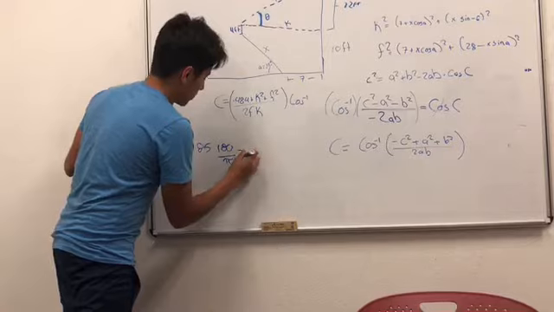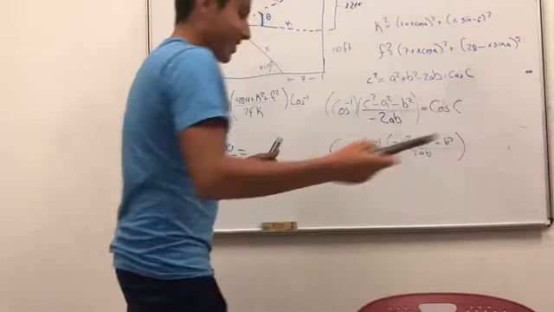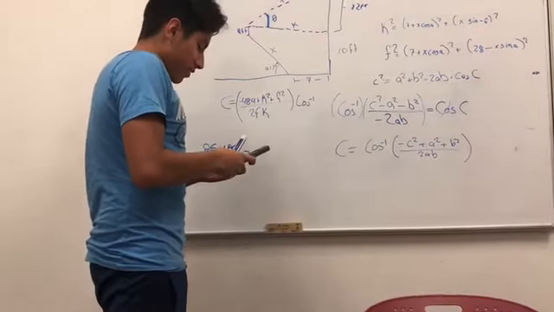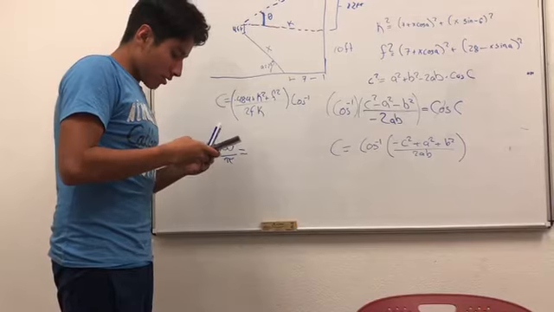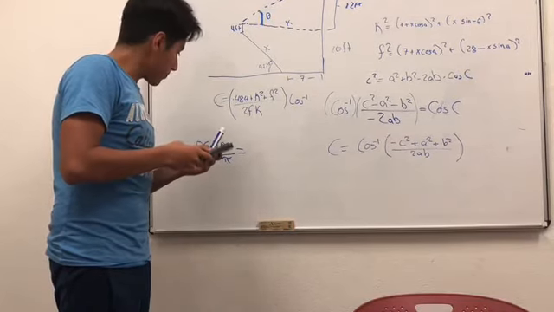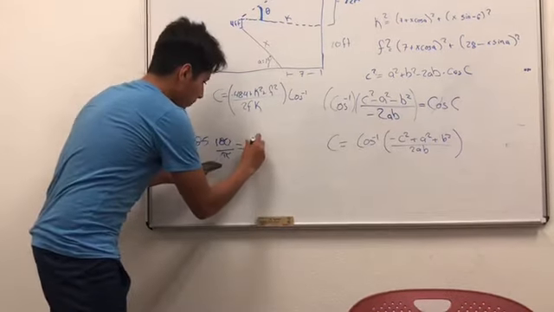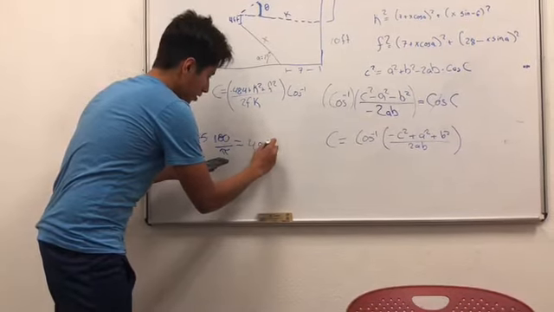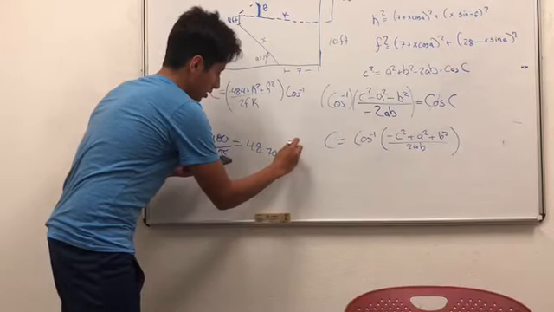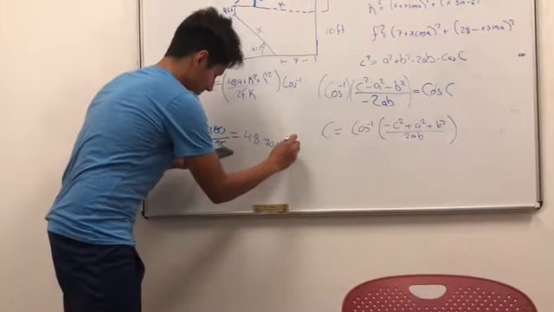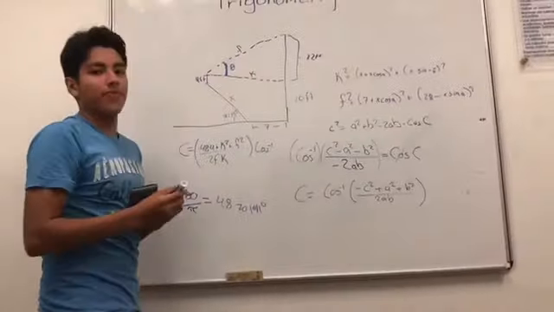If we do so, we get 0.85 times 180 divided by pi. We get that that angle equals 48.70141 degrees, and that's the value that maximizes theta.